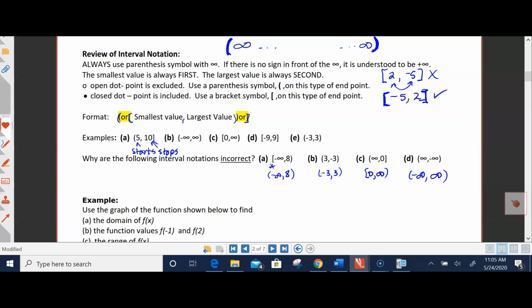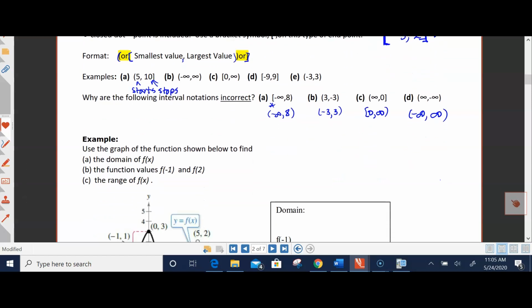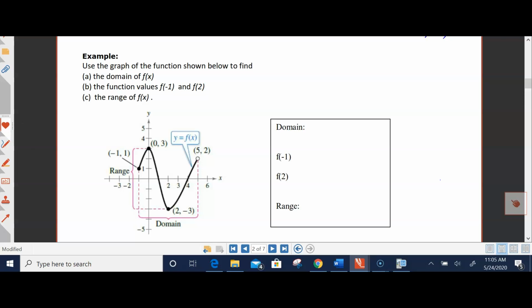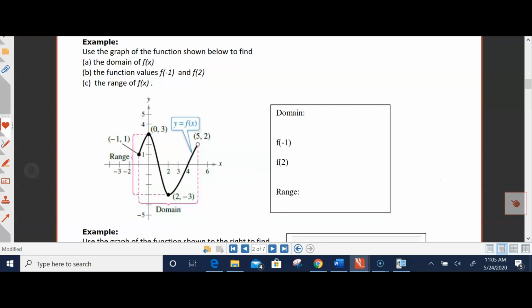Okay, so let's look at some examples and let's go ahead and create some interval notation to represent domains and ranges and stuff. So let's take a look at this example. I'm going to use this graph, and I want to first find the domain, I want to find some function values, and then I want to find the range. So remember, the domain is what happens as we go left to right.